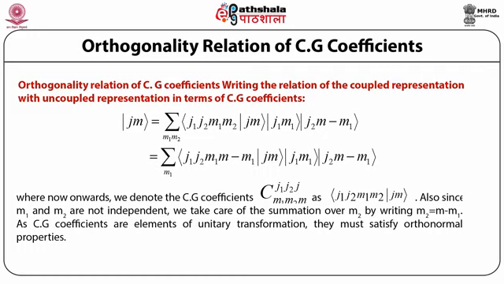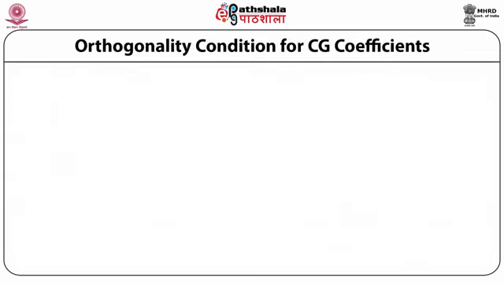Therefore we could denote the value of m2 in terms of M and m1, where m2 is simply M − m1. Now, since the Clebsch-Gordon coefficients are elements of a unitary transformation, they must satisfy the orthonormal properties, the orthogonality condition.